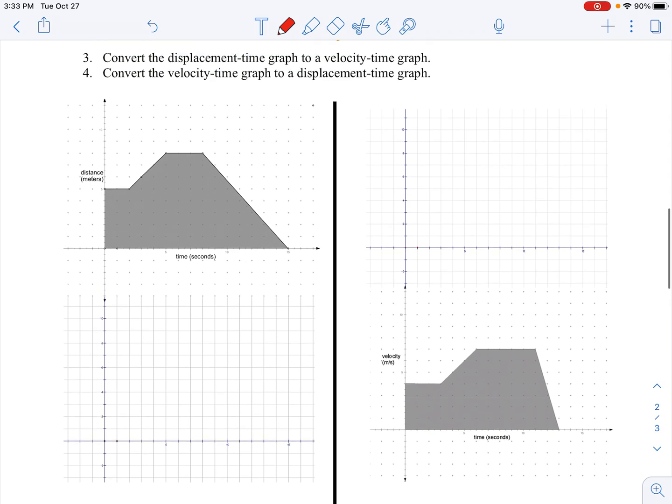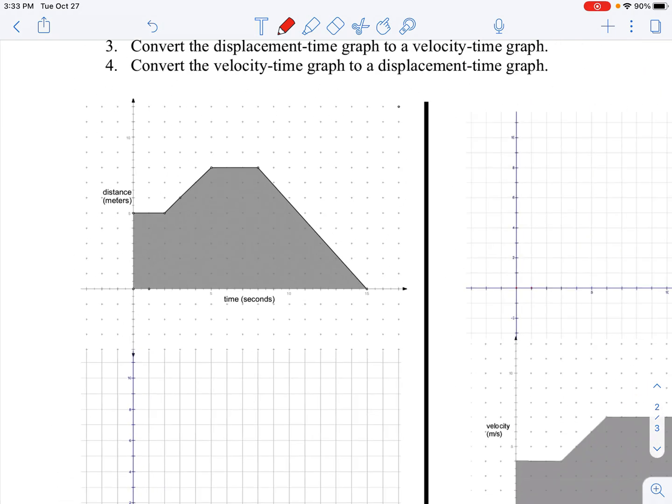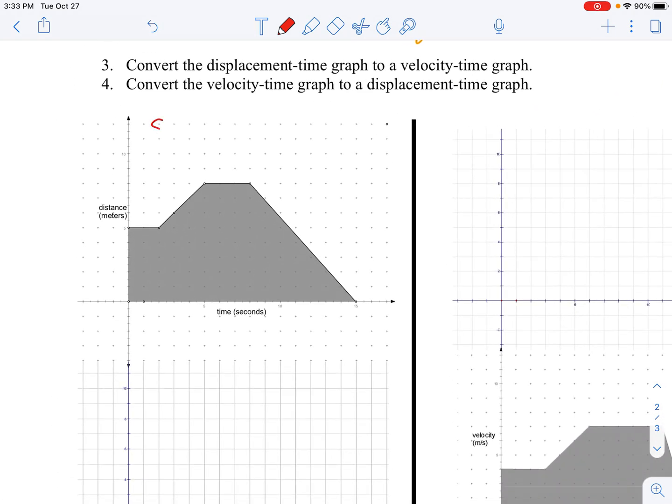Okay, let's try 2 more examples here. We've got the same 2 graphs, but now we're supposed to convert the displacement time graph to a velocity time graph and convert the velocity time graph to a displacement time graph. So I know that the slope, this should say position, the slope of an x versus t, or position versus time graph, is velocity.